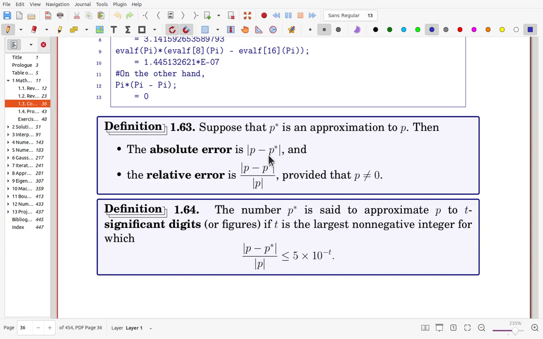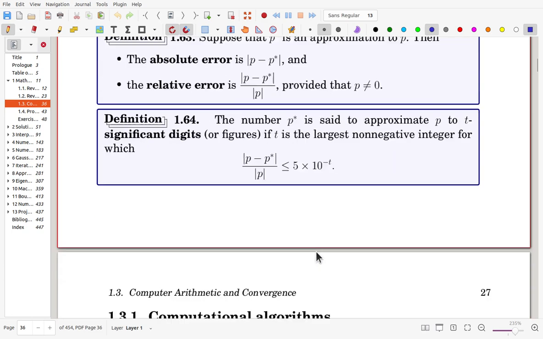So even though the error is only 10 to the minus 4, it is a very poor approximation. So relative error is more relevant. Okay, that is significant digits. This is not really significant, so we'll skip here.